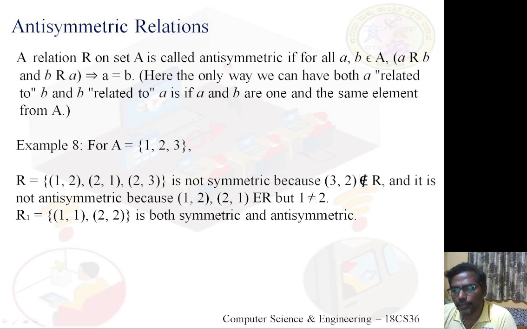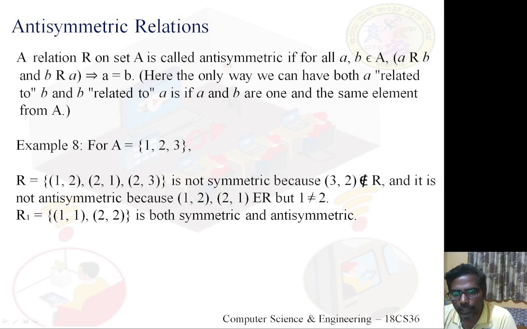Now antisymmetric, what it states: if there are two pairs of the form (a, b) and one more pair (b, a), then a should be equal to b.